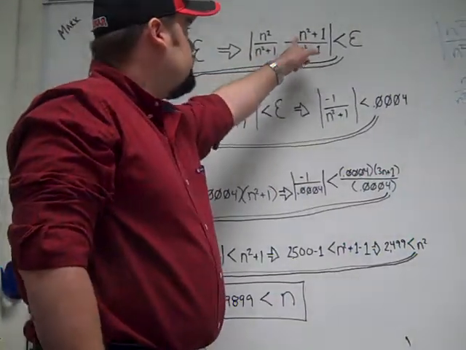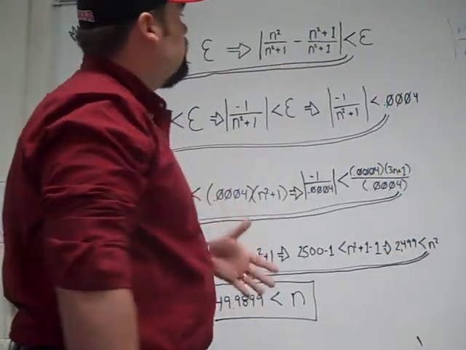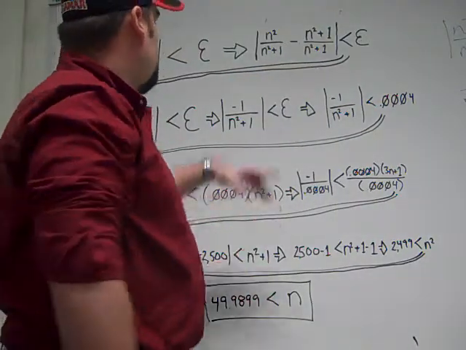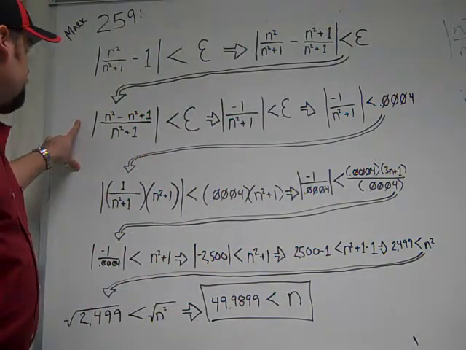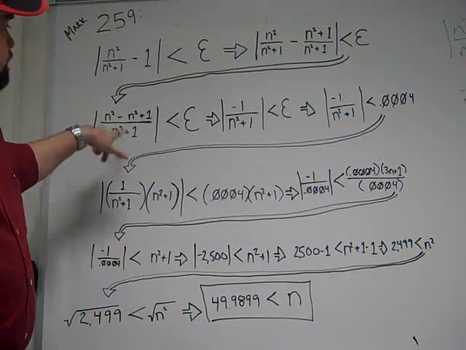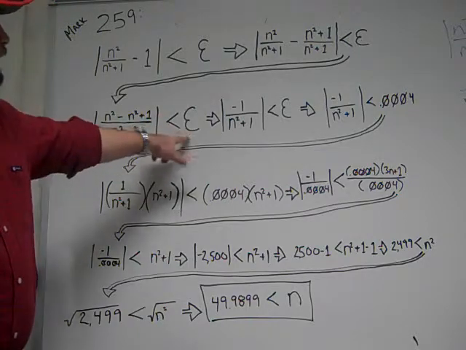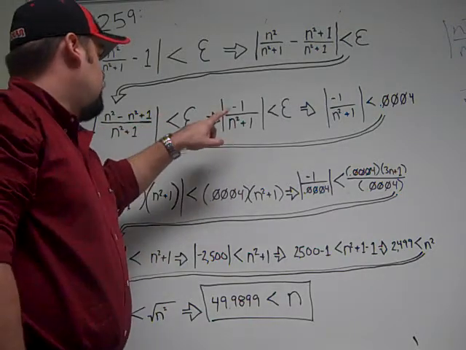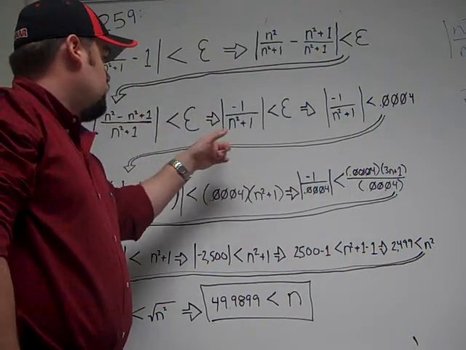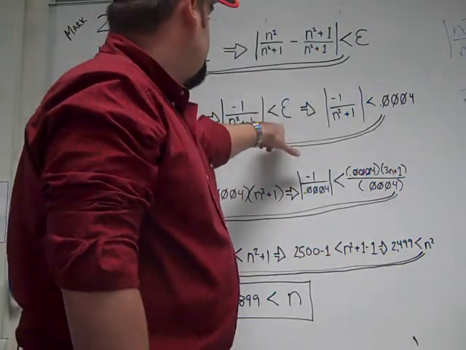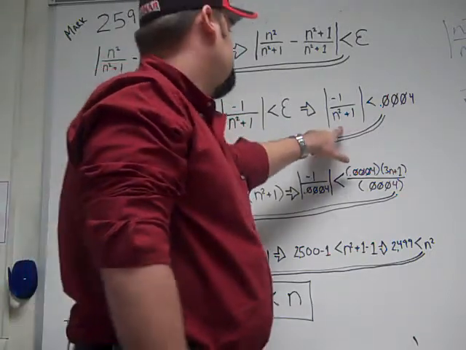I change 1 to n squared plus 1 over n squared plus 1, which is still 1, so I can combine it. N squared minus n squared plus 1 over n squared plus 1 is less than epsilon. Do some math. Negative 1 over n squared plus 1, absolute value, is less than epsilon.